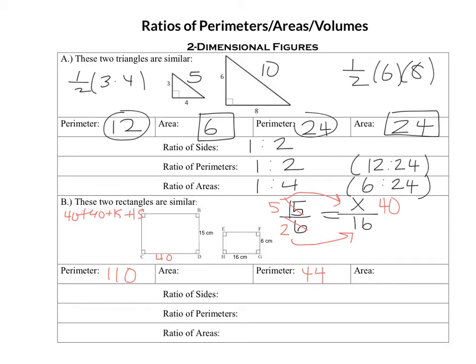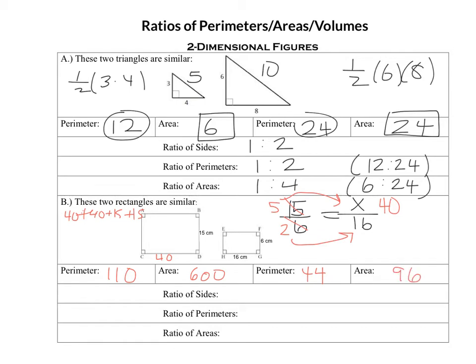And then for the area, it's just length times width, so 40 times 15, or 4 times 15 would be 60, so that's 600. And the other one is 16 times 6. Let's see, 6 times 10 is 60, 6 times 6 is 36, so that's 96.